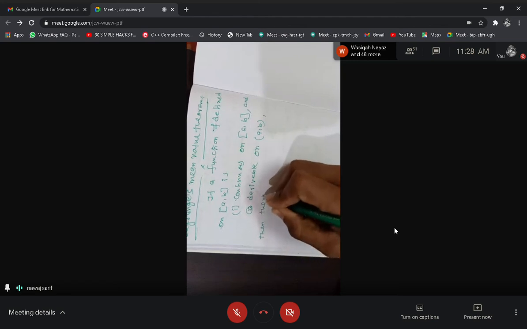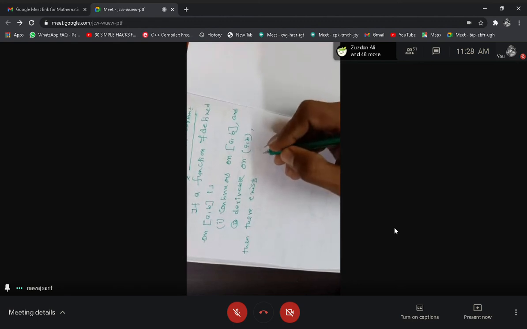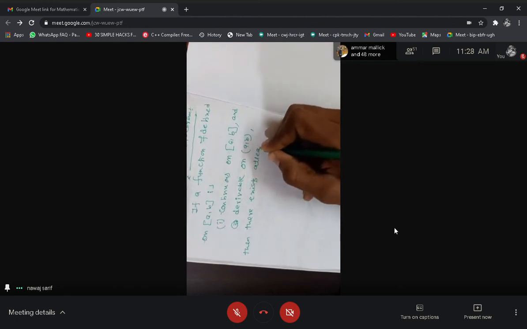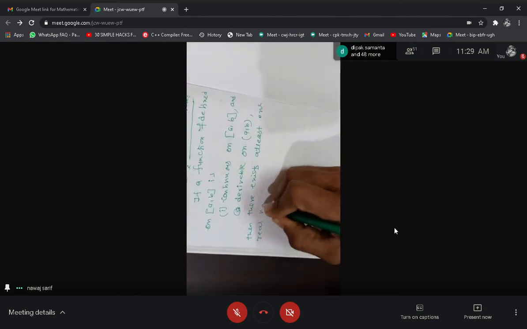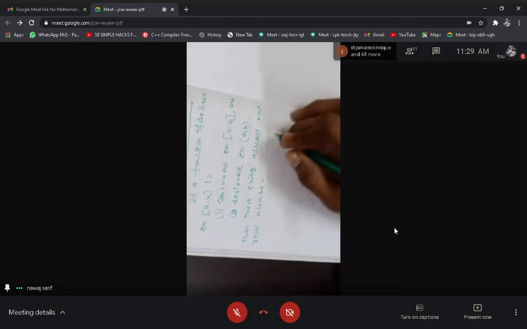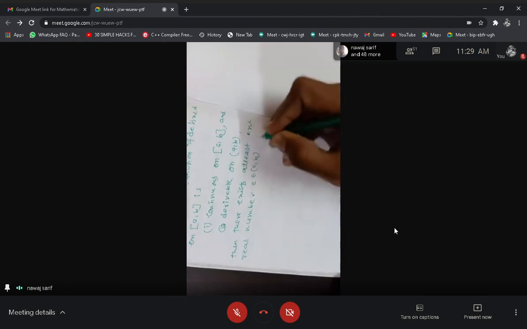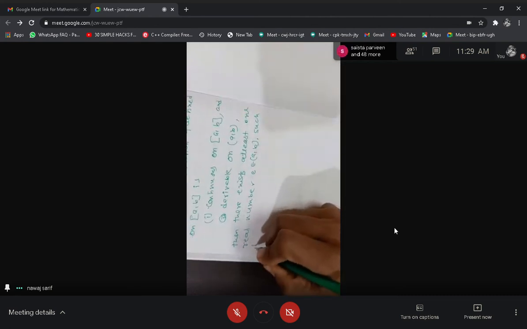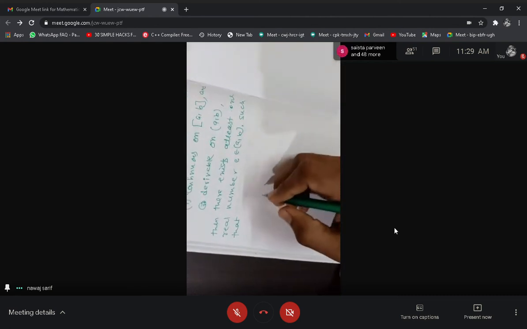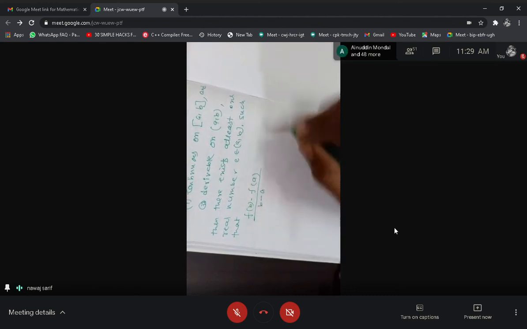then there exists at least one real number C belongs to open interval A and B such that f of B minus f of A divided upon B minus A is what?